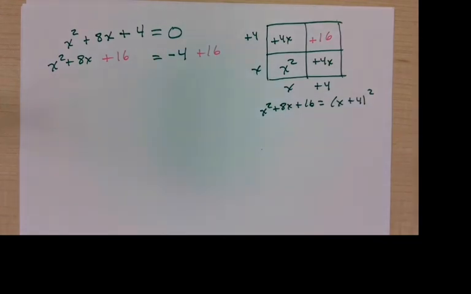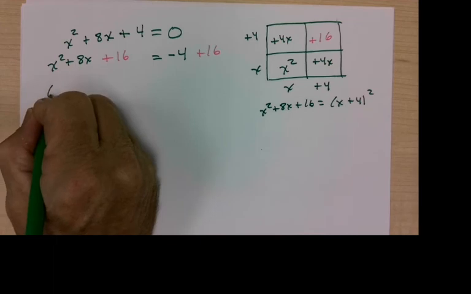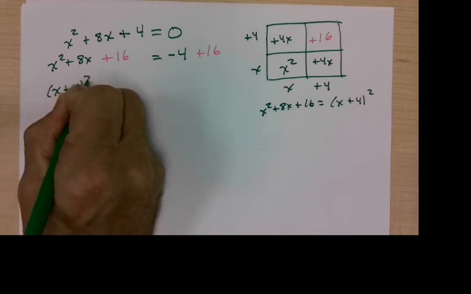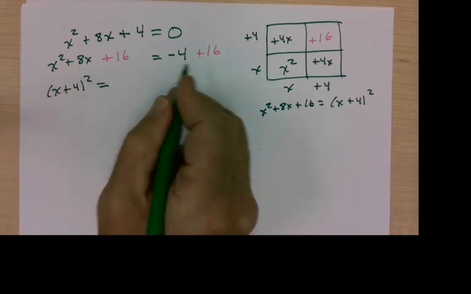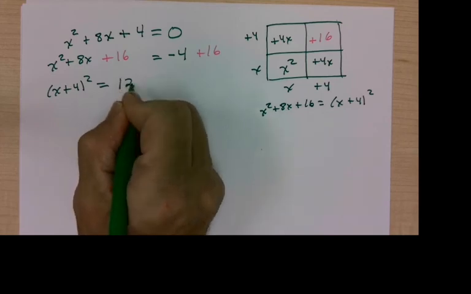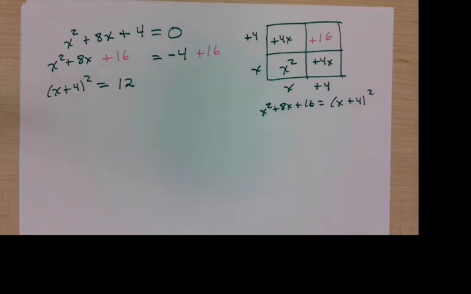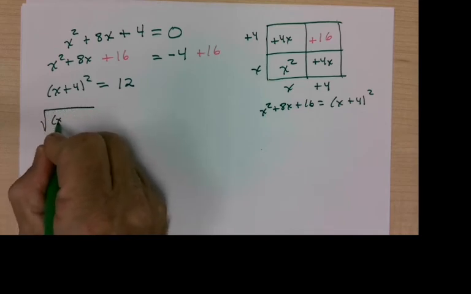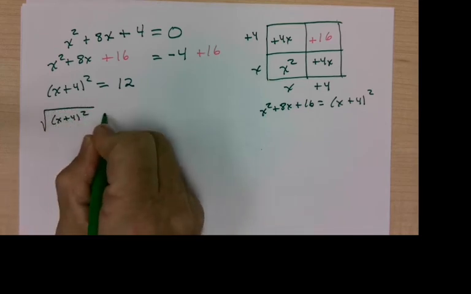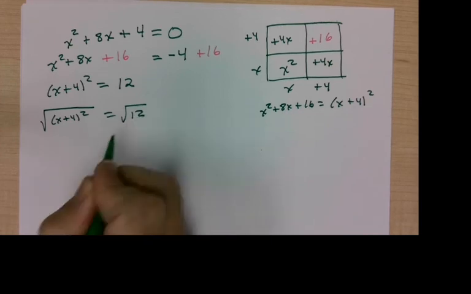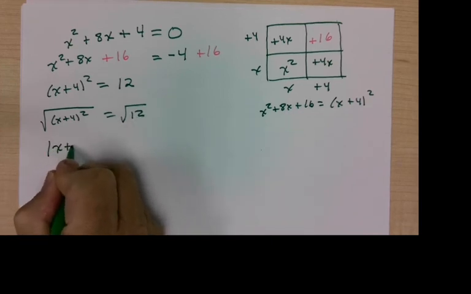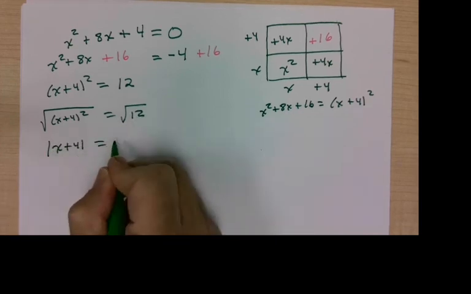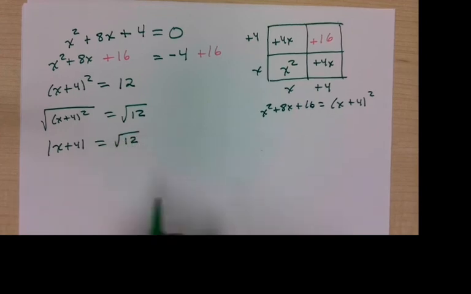So what I have on the left-hand side is now x plus 4 quantity squared equals 16 minus 4, which is 12. Then we'll take the square root of both sides. The square root of x plus 4 squared is the square root of 12. So the absolute value of x plus 4 is the square root of 12, which is what?